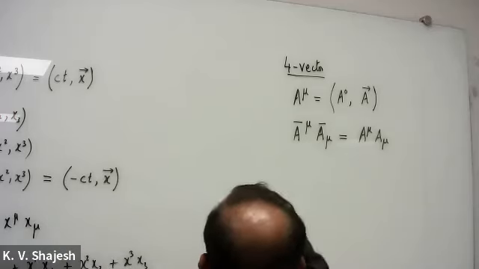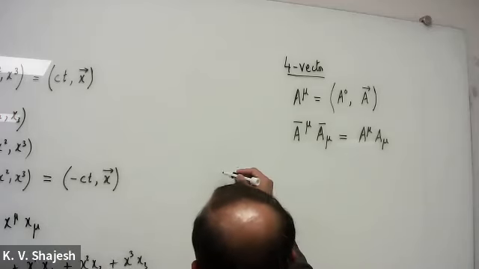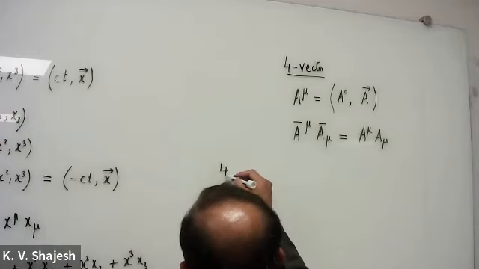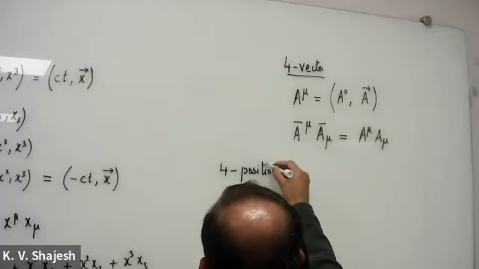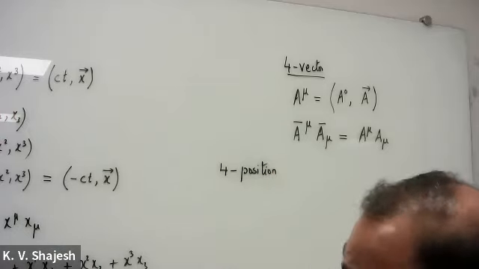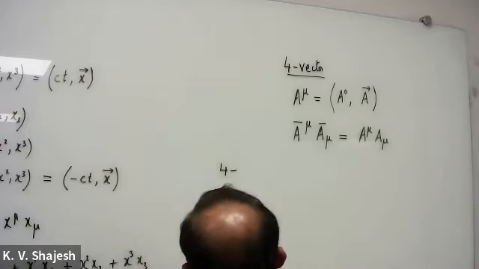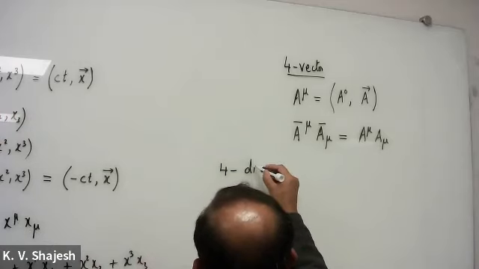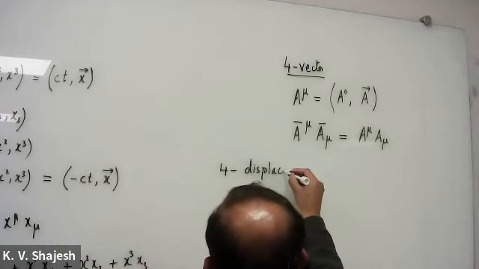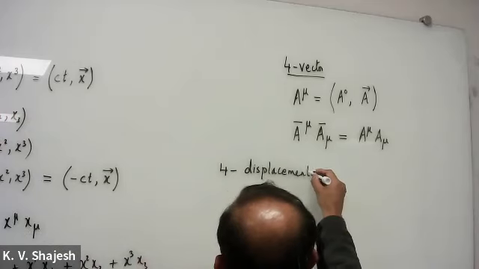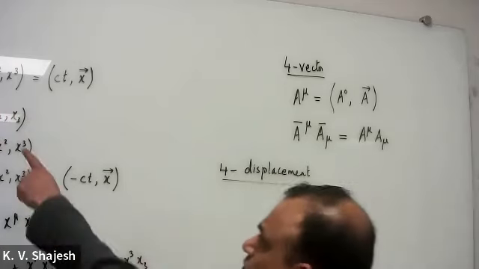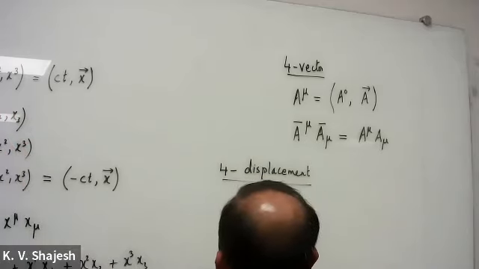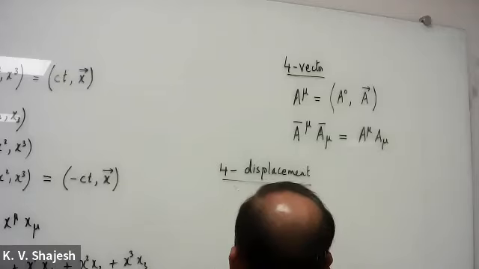Okay, so let's go back to this. If you have x mu, let's now call this the four position, or maybe the four displacement. For displacement, we start with dx mu, or x mu, and construct a small change.